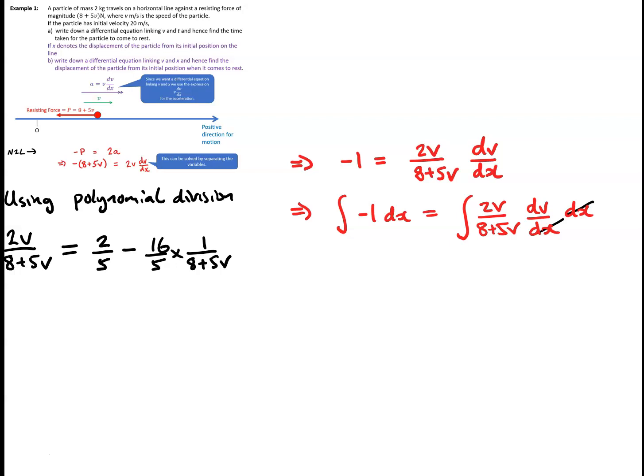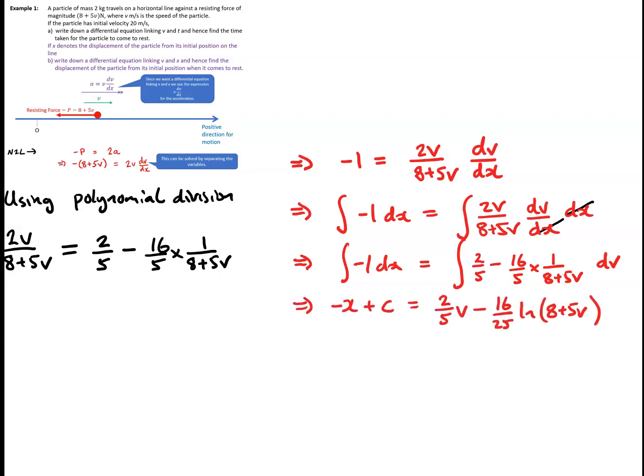So check you can do that polynomial division and it comes out to something like that. So we've now got the integral of minus 1 with respect to x is the same thing as the integral with respect to v of 2/5 minus 16 over 5 times by 1 over 8 plus 5v.